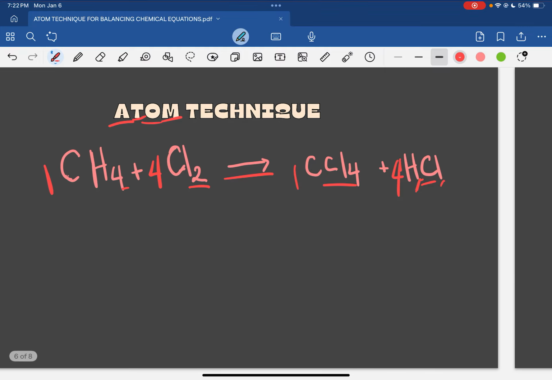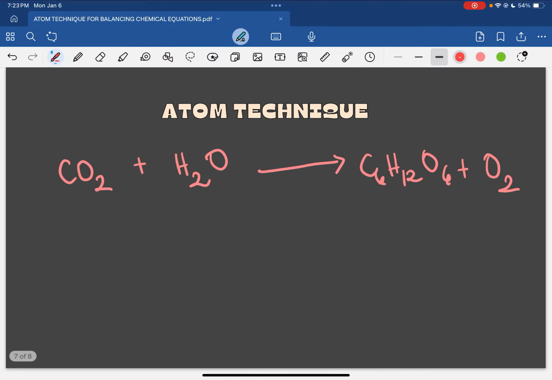So let's have another example. Let's go to a more complex one, which is the equation for photosynthesis. This is the equation for photosynthesis, in which we have carbon dioxide reacting with H2O to produce glucose and oxygen.